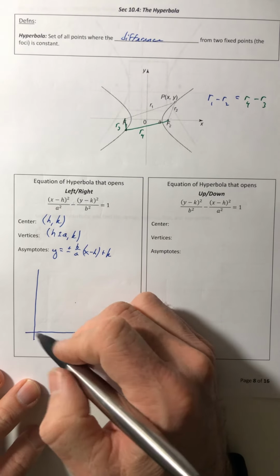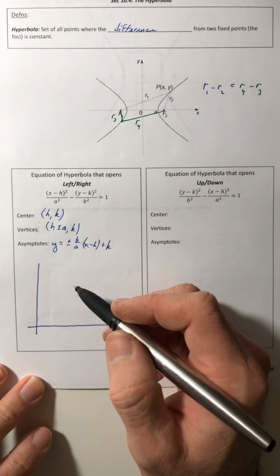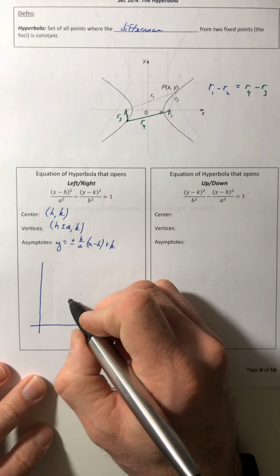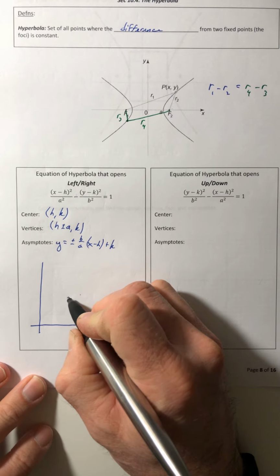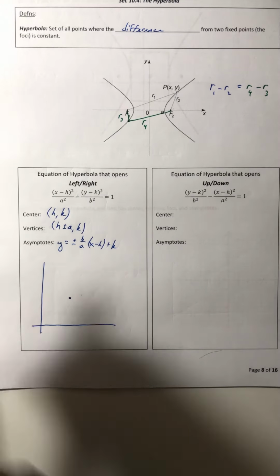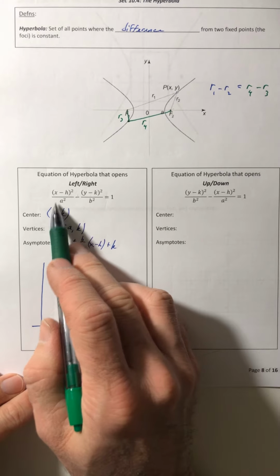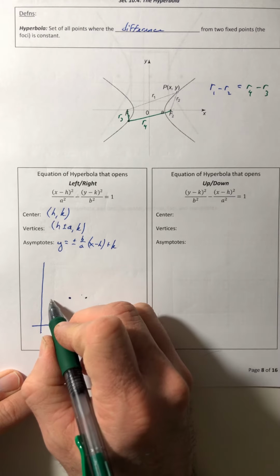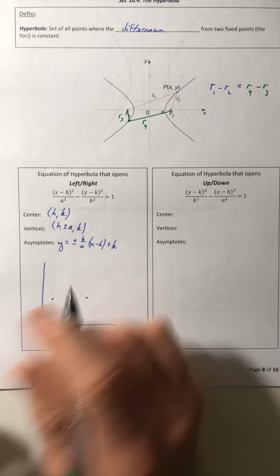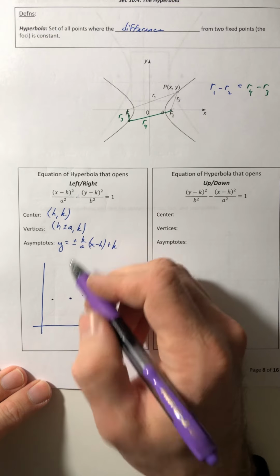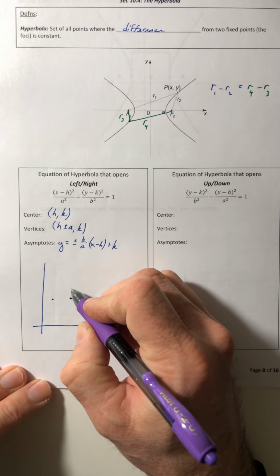This is what you usually do to draw the hyperbola. You plot the center, h and k. Then, similar to the ellipse, you go left and right by the value of a, however far that is, and then up and down by the value of b.